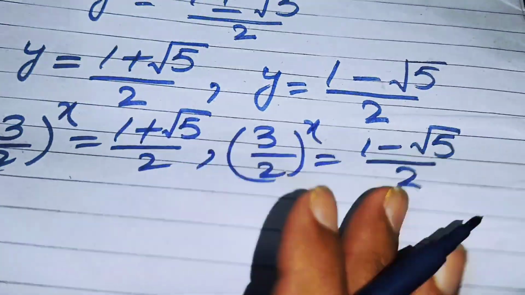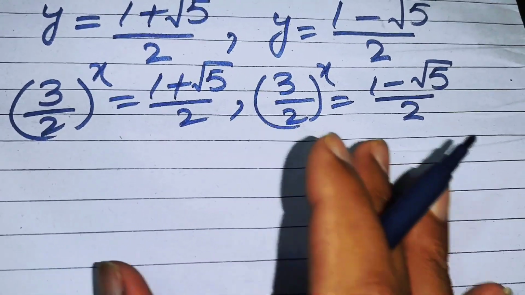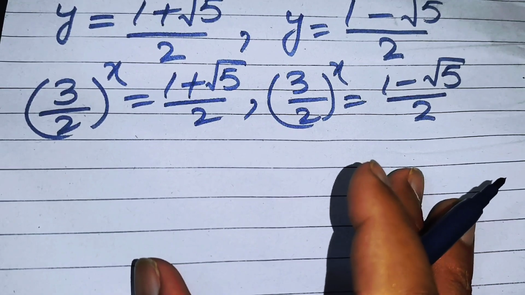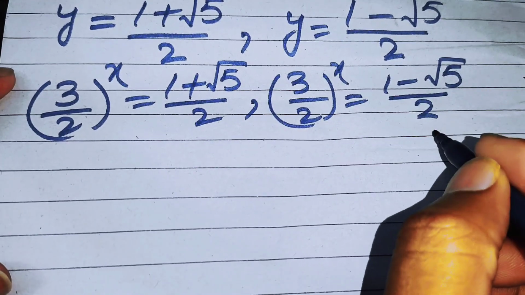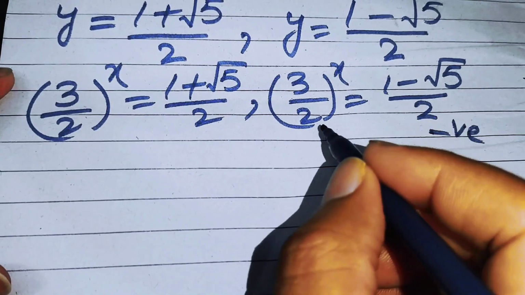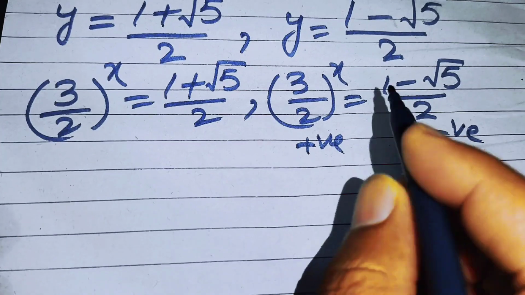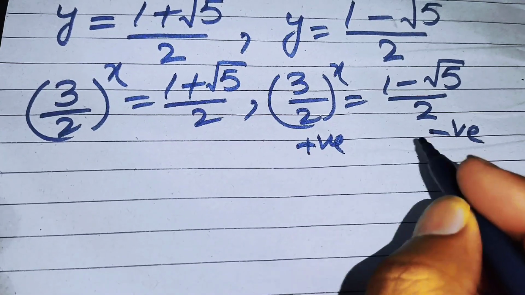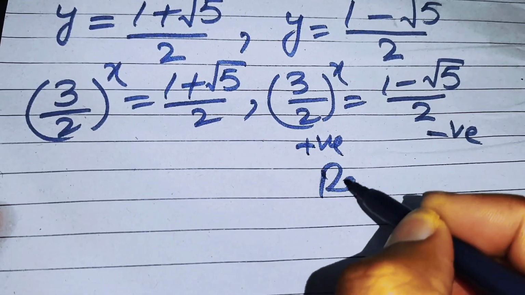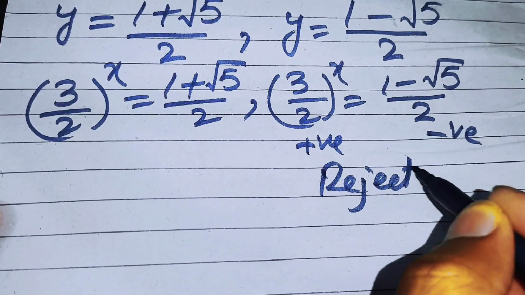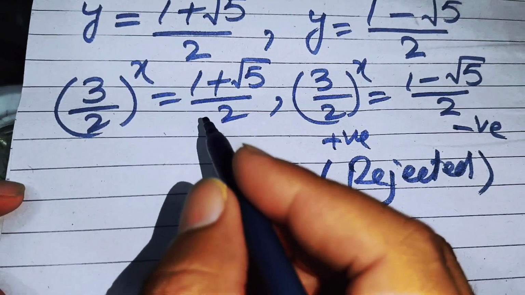First you focus on the second case, which is 1 minus square root 5 over 2, and you see that this is the negative term and this is the exponential term, and we know that it is always positive. So it is not possible for a positive term to equal a negative term, so we can reject this case. Or we can just proceed with this case only.